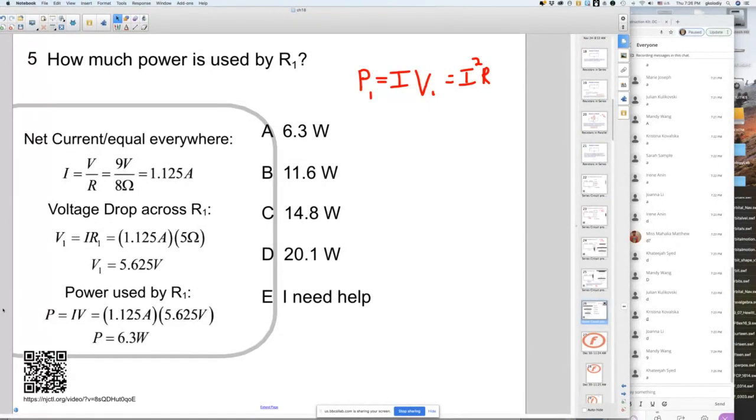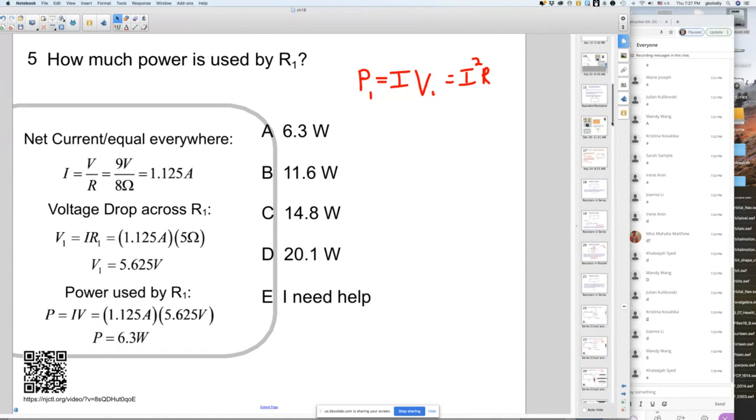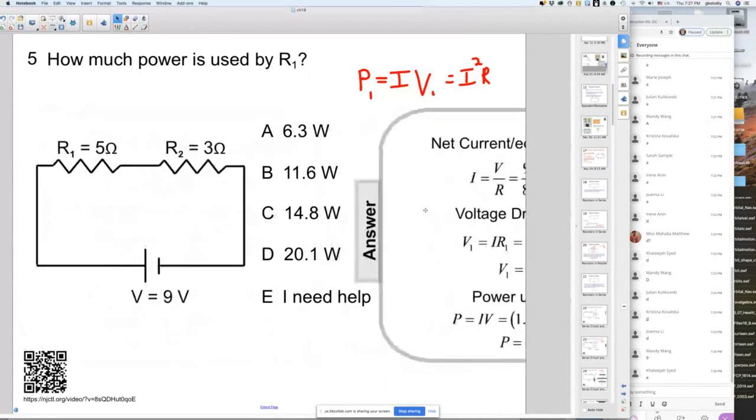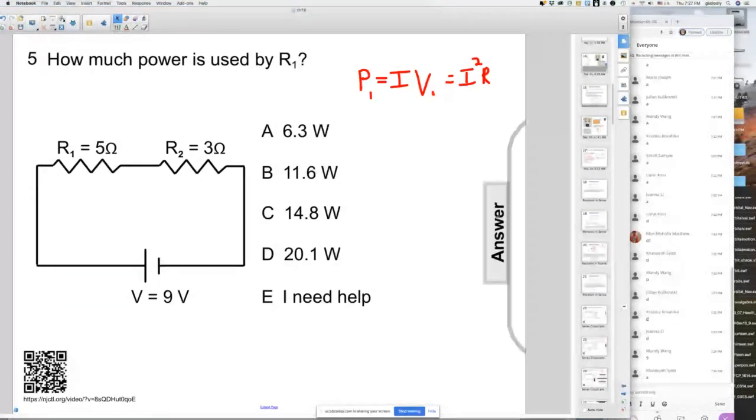So there's one more problem here I wanted to do. I wanted to calculate the power across R2 also, but I can't see it. Apparently I didn't do it in my notes here, but we'll do it without notes.